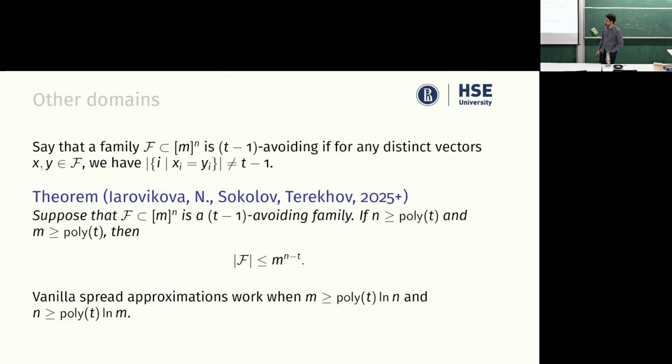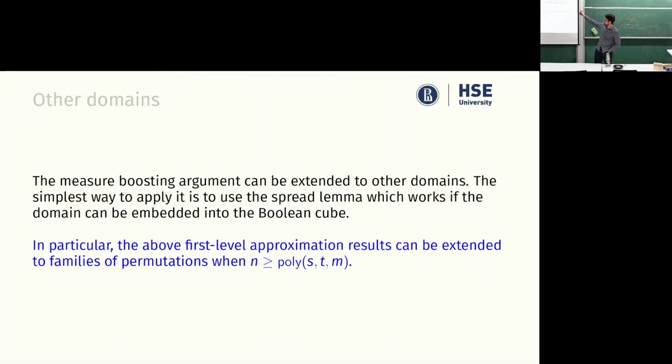But after all, at least for the symmetric group, the way you can see it is you still embed it inside. Yeah, and the spread lemma is a very simple way to boost the measure inside the Boolean cube. But in some cases, you should do something more.